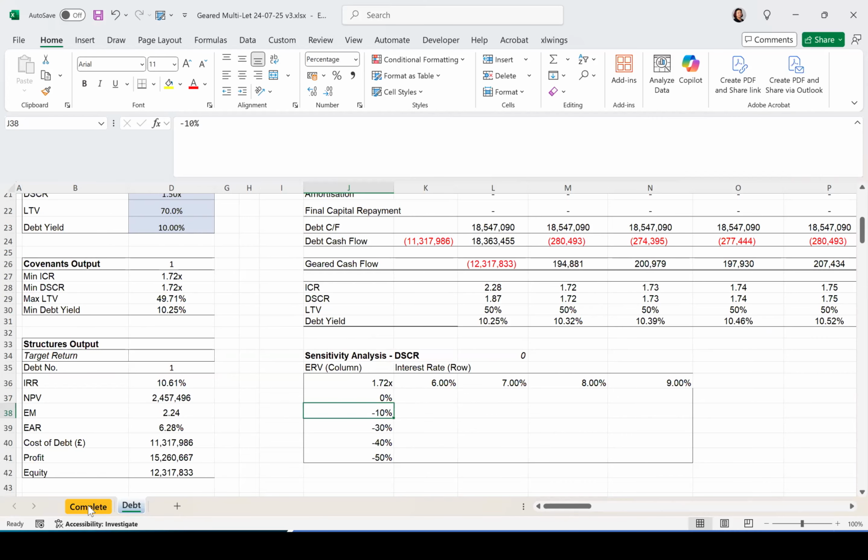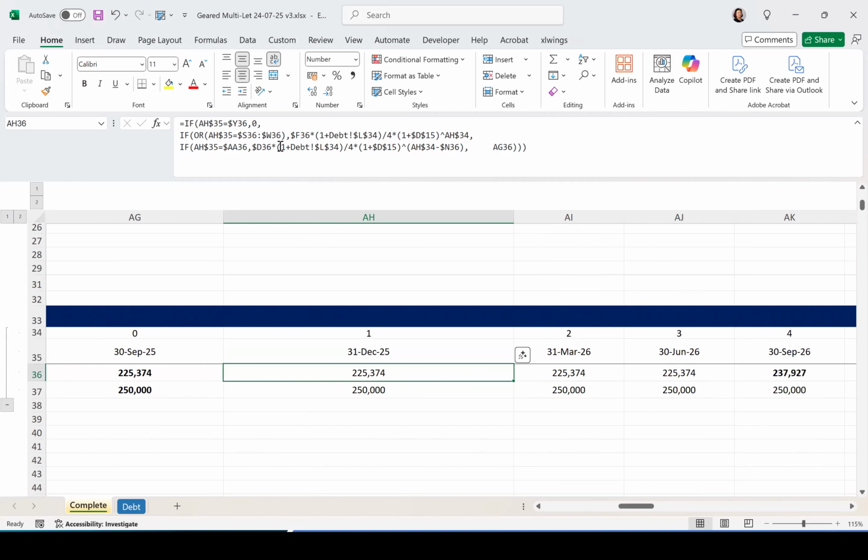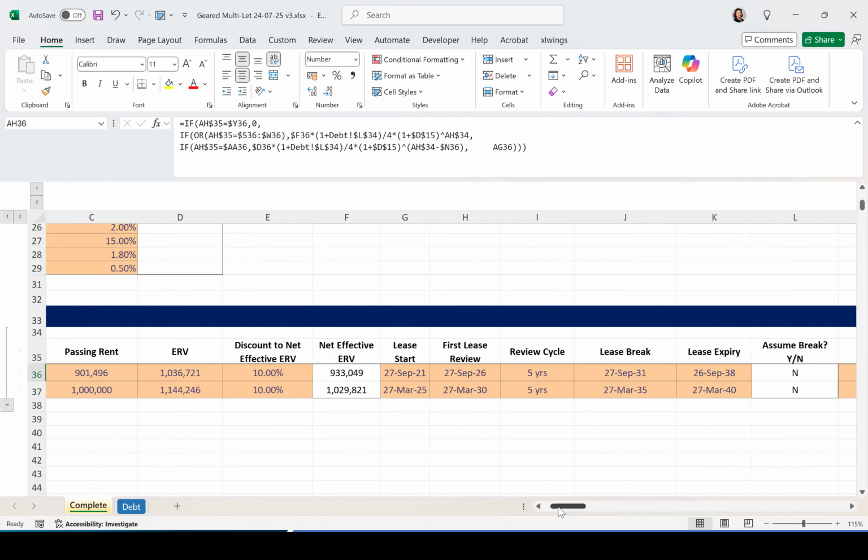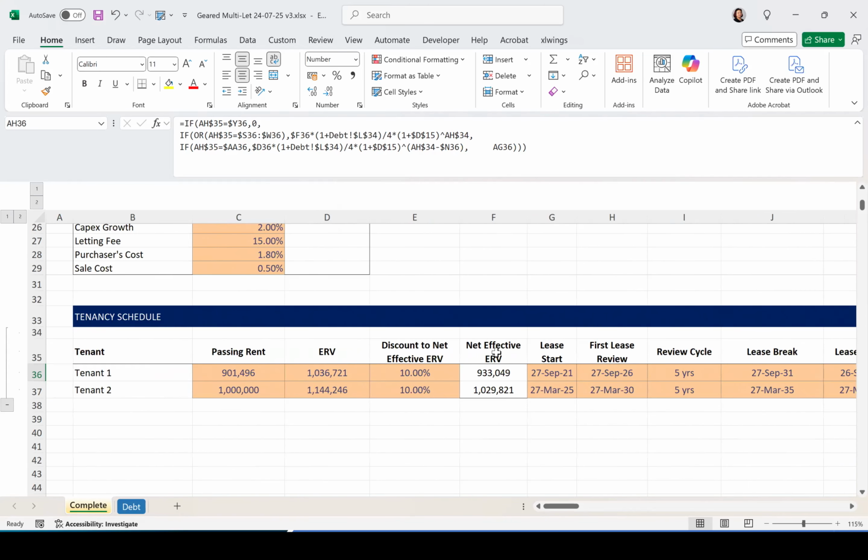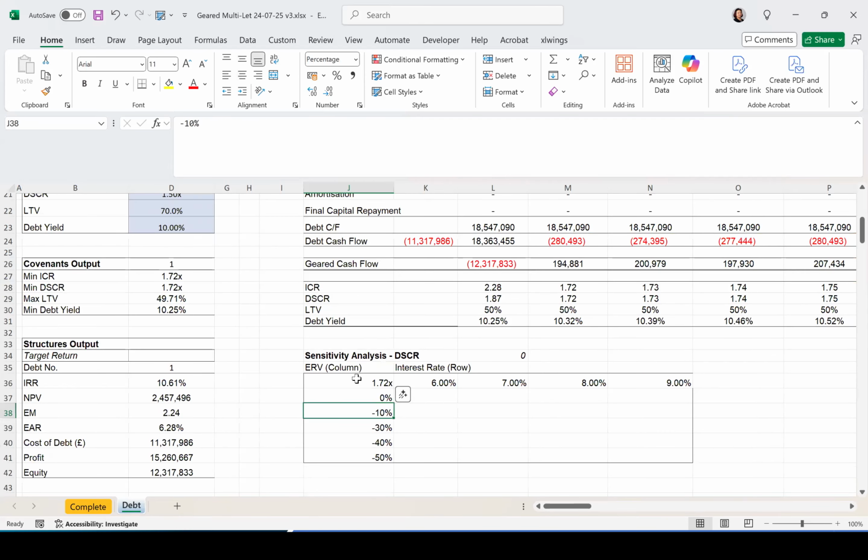Because if it's minus 10, then this F36, your net effective ERV, is not going to be 930,000. It's going to be 930,000 times 0.9, because it's just going to be 90% of that ERV. Okay, so this is how you connect this table with the actual calculation. Once you've done that, all you need to do is highlight everything.